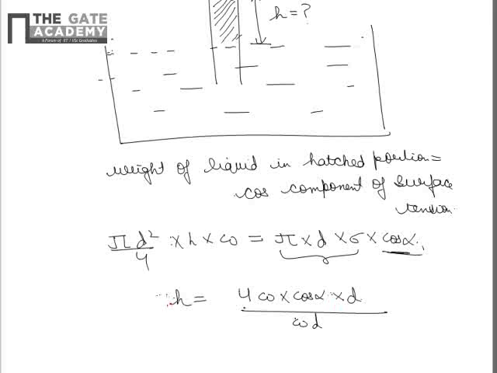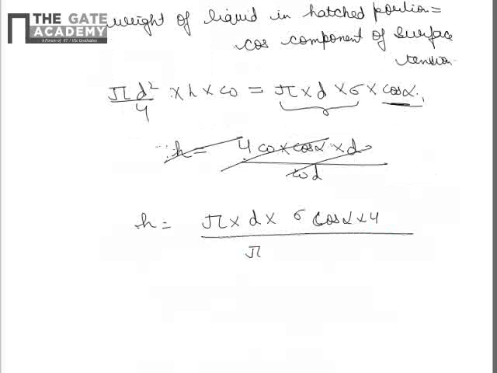Okay, let's write again. h comes out as pi into d into sigma cos alpha into 4 divided by pi d square into omega, where omega is the unit weight.